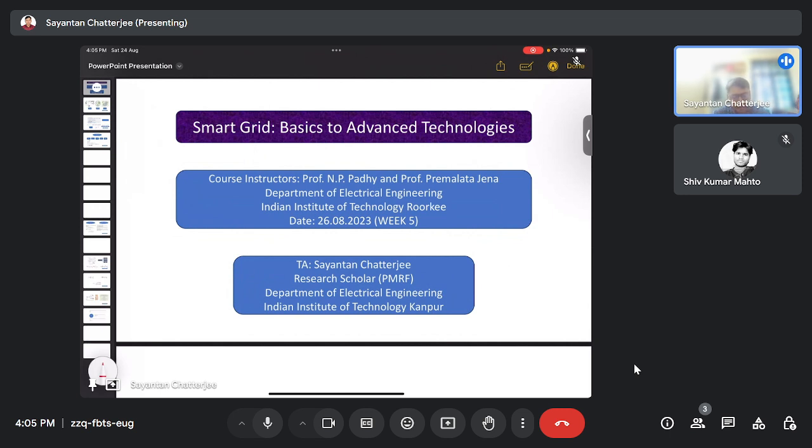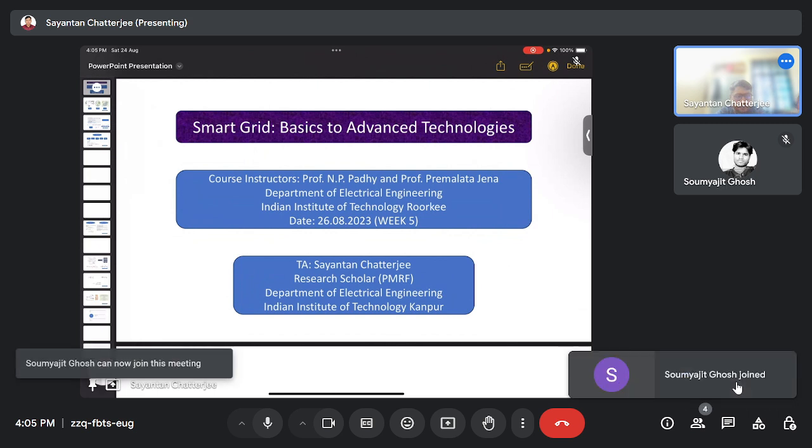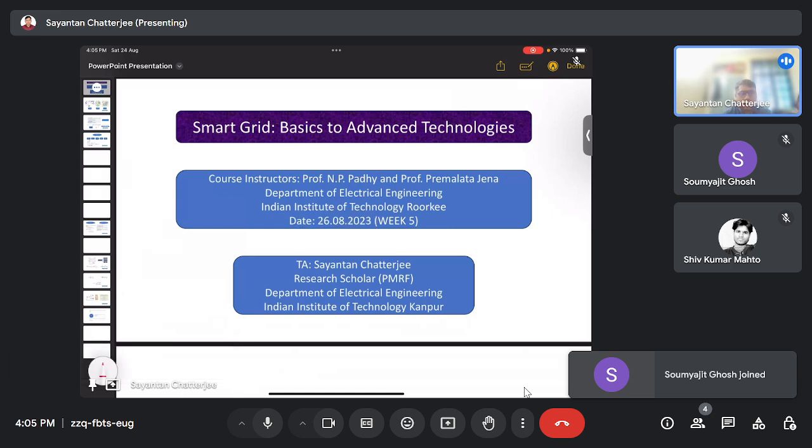They were mostly related to monitoring, how the smart grids evolved, and also some parts regarding the storage systems, because storage systems do play a very important role.